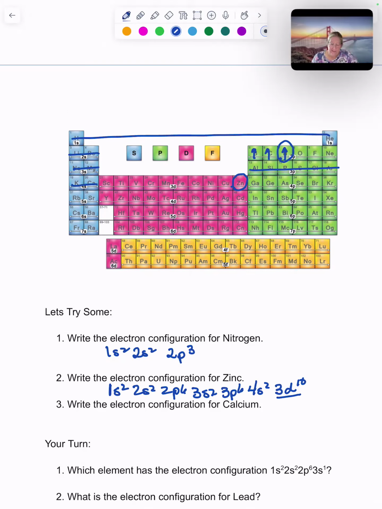If we were going to do calcium, well, calcium, if we notice, is way back here. Calcium, we're just going to have to take off that 3d10 because it's going to end at that 4s2. So 1s2, 2s2, 2p6, 3s2, 3p6, 4s2.